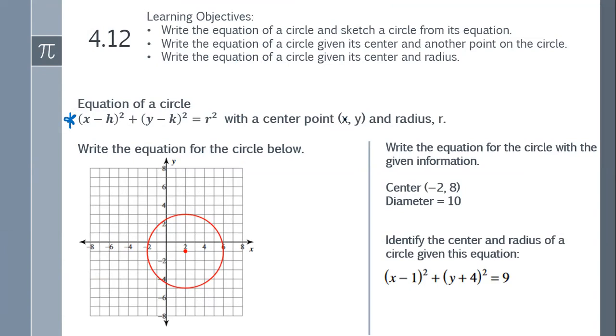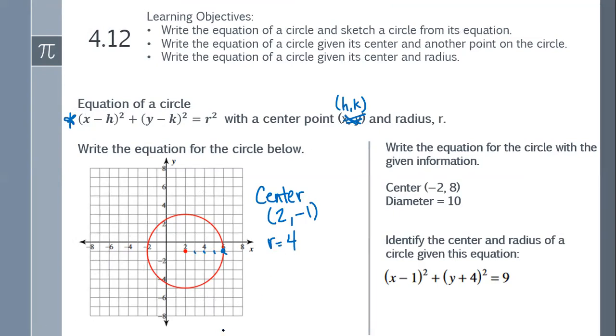And I still have yet to fix this from last week. (h, k) is your center, and r is your radius. So given a picture, it's really easy. I have the center, obviously. I can find that real quickly: positive 2, negative 1. To find the radius, you simply count. 1, 2, 3, 4.